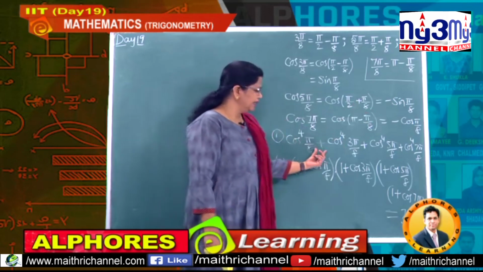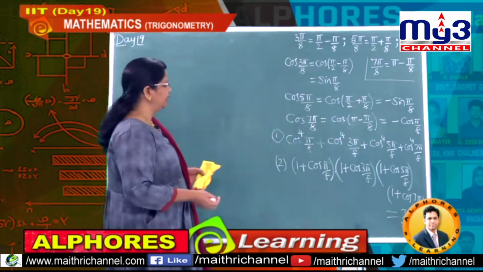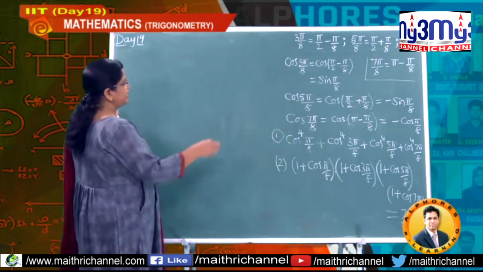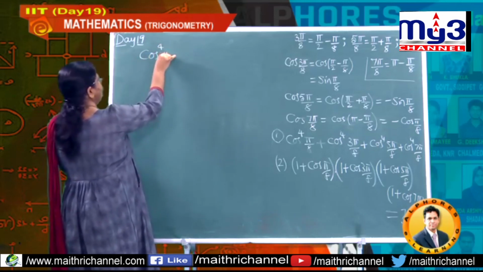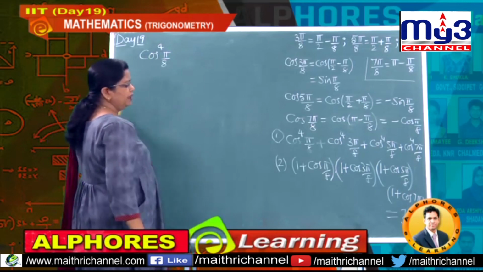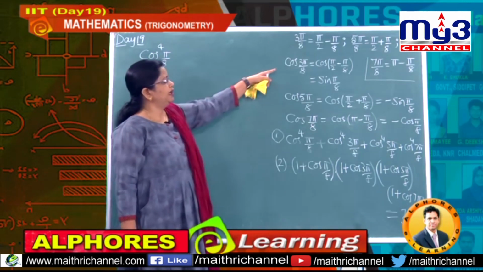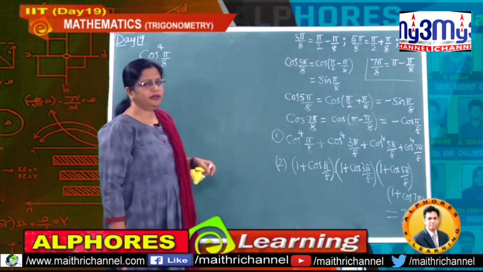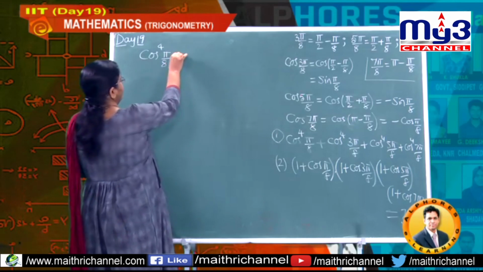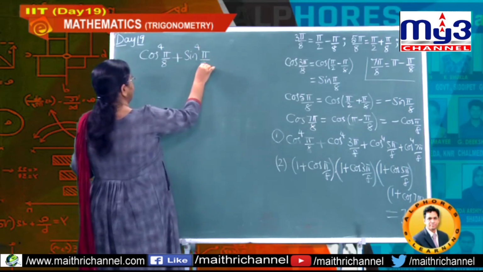Now let us take this problem, students, and substitute each of the values one by one. The first term we are not going to change, it is cos to the power of 4 pi by 8 as it is. And the second one, cos power 4 3 pi by 8, that means in place of this we now have sin pi by 8 and power 4 is there, therefore we write sin to the power of 4 pi by 8, understand.